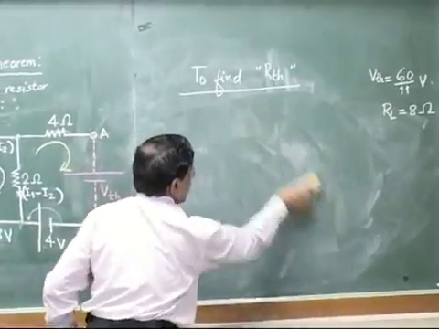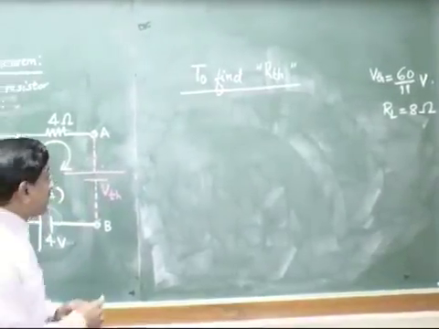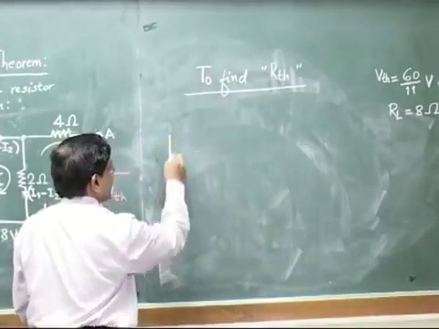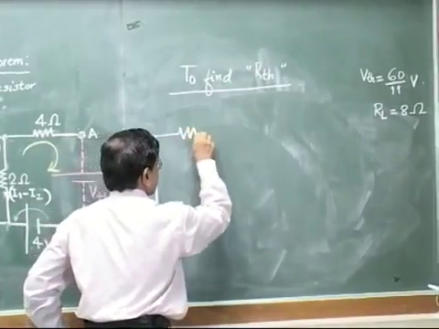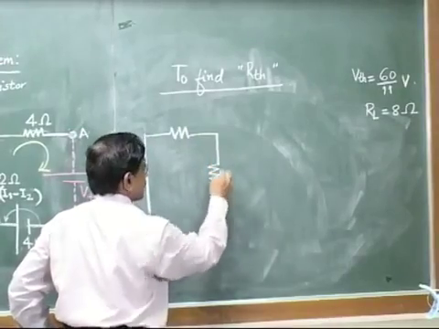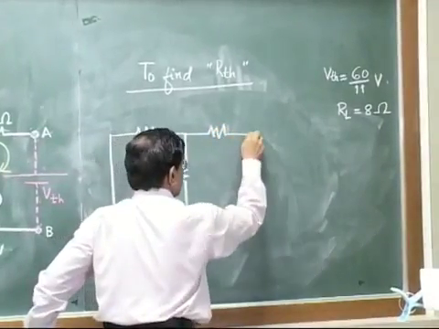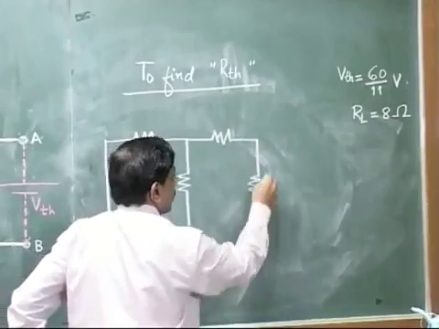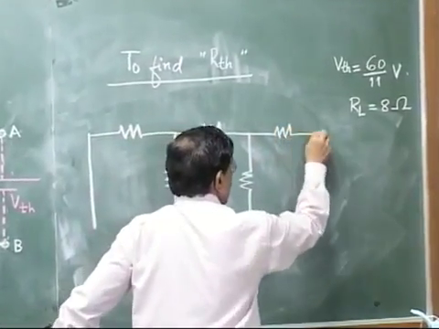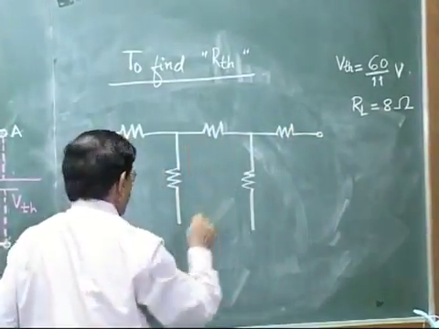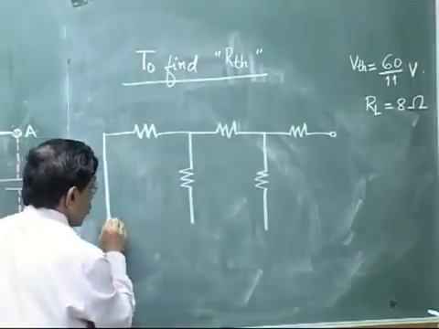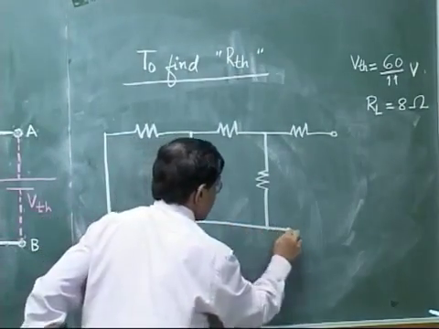So the circuit that we will consider for finding RTH will be just this one. This is the circuit that we got earlier in the first step when we removed the load resistance.